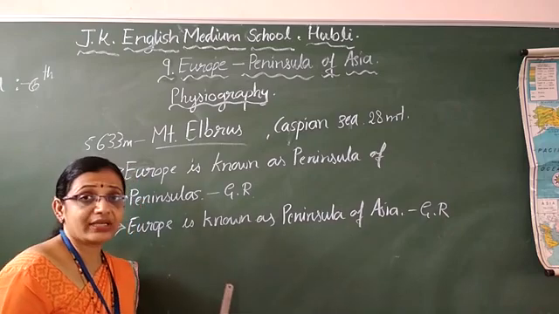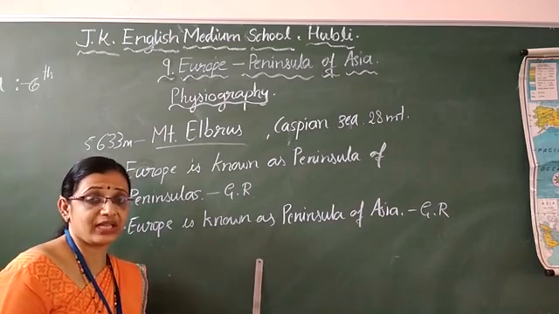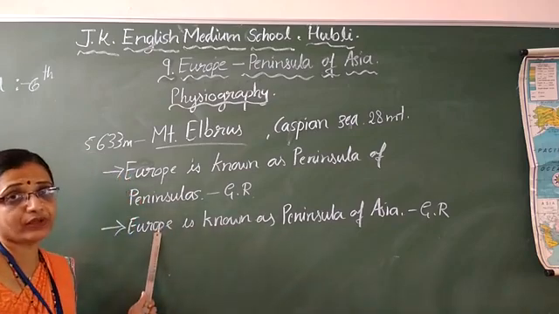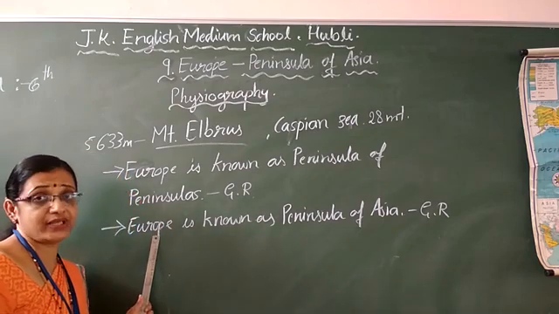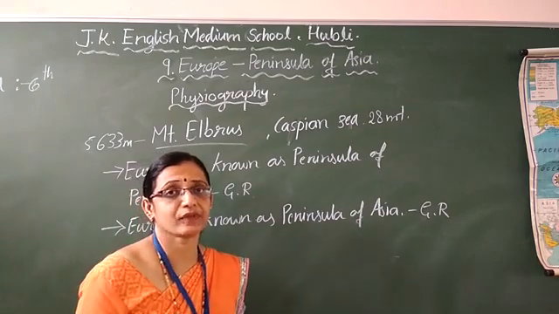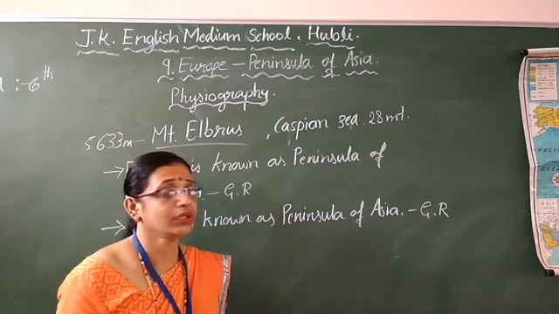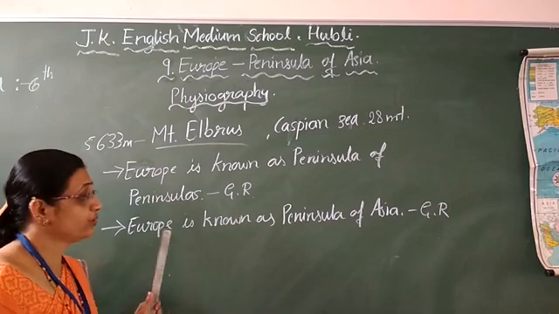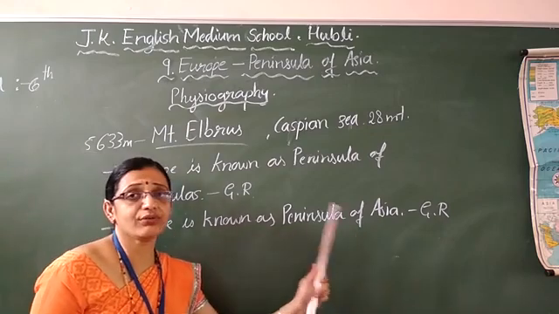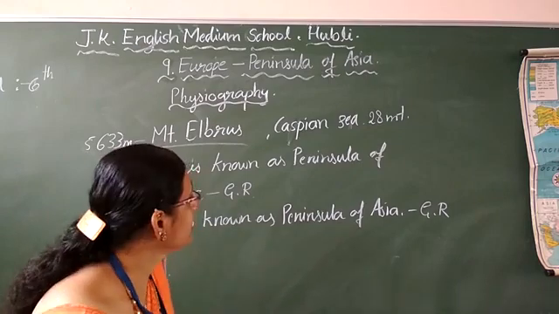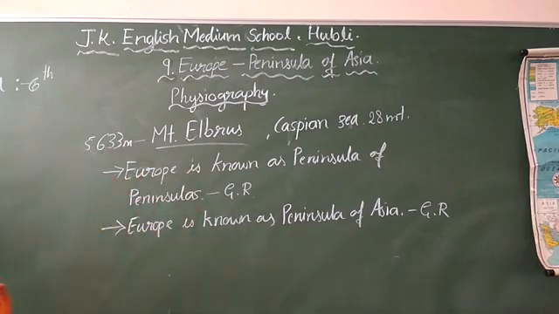If you take that Asiatic land, together Asia and Europe, in that, Europe is the biggest peninsula. So it is called Peninsula of Asia. Followed, no, children? In the Asiatic land, this Europe is the biggest peninsula. So it is called the Peninsula of Asia. Understood? Yes. These are the reasons, children.